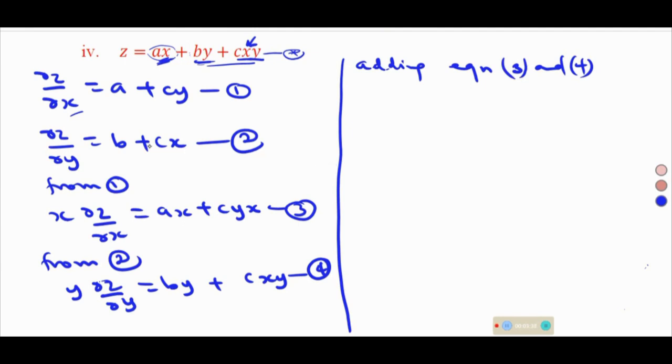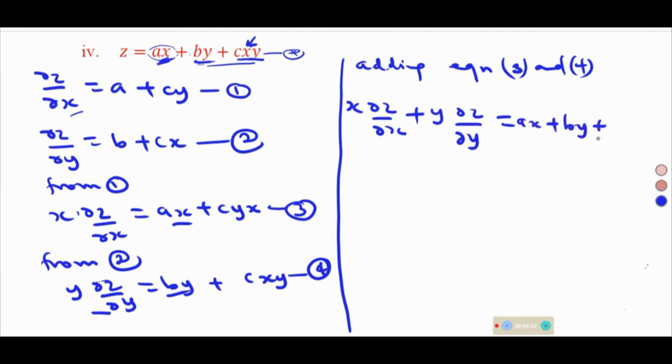When you add 3 and 4, you will have x del z/del x plus y del z/del y, and on the right side, ax plus by plus, when I add cyx with cyx, I will create 2cxy.